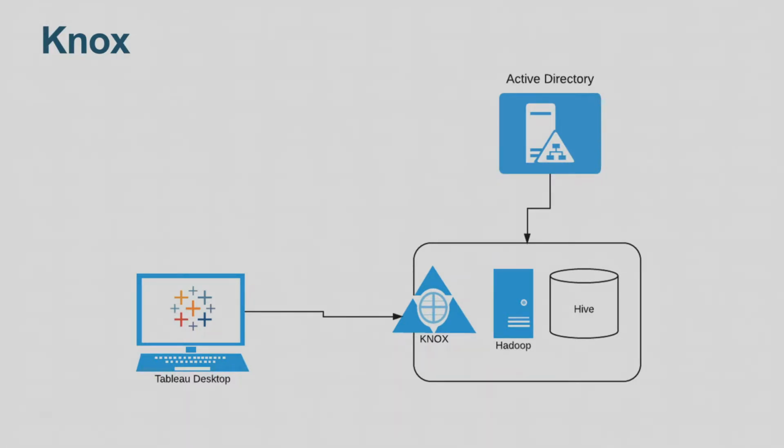It's actually a REST API gateway, a REST API service that allows Tableau Desktop to connect with username and password to Hadoop, again without worrying about how Kerberos is set up. So it encapsulates Kerberos and hides that complexity from the client tool like Tableau.